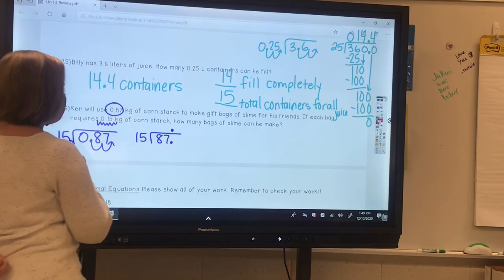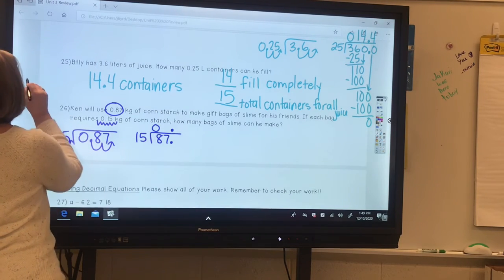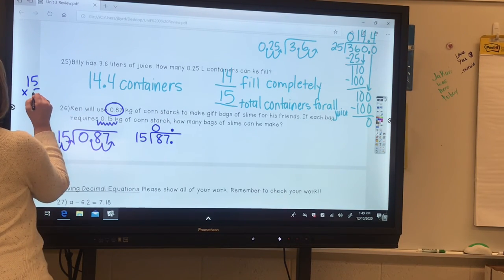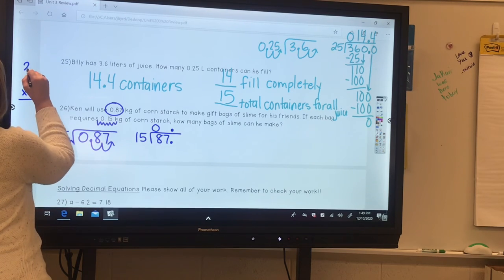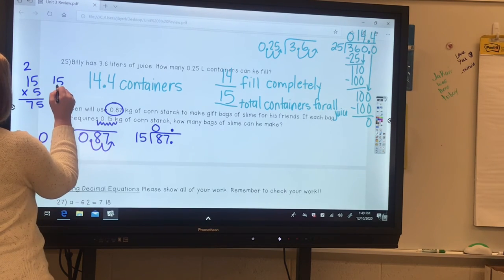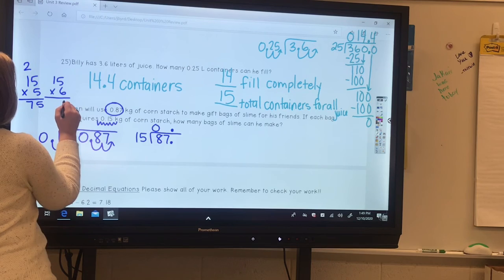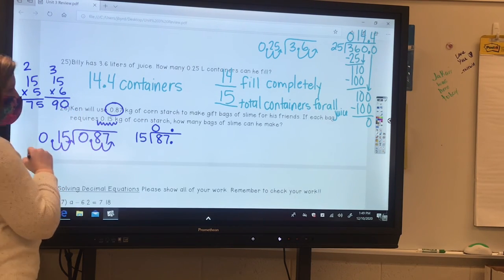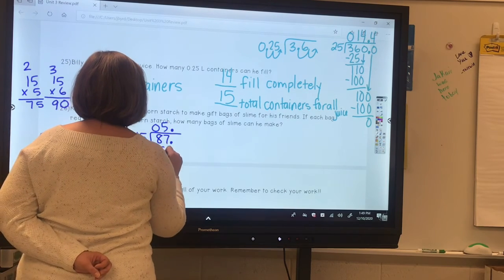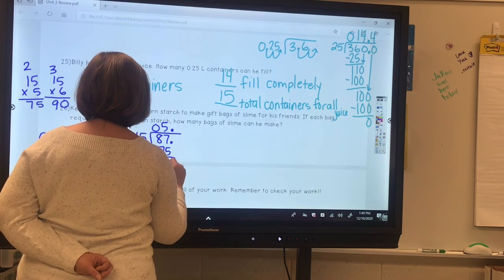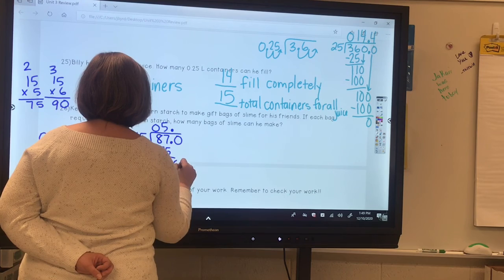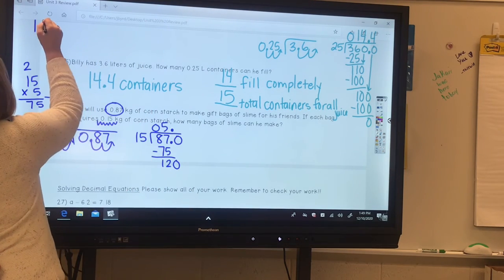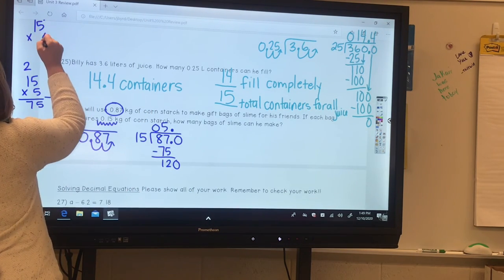How many times will 15 go into 8? 0. How many times will 15 go into 87? 5. And that is 75. How many times will it go into 120?